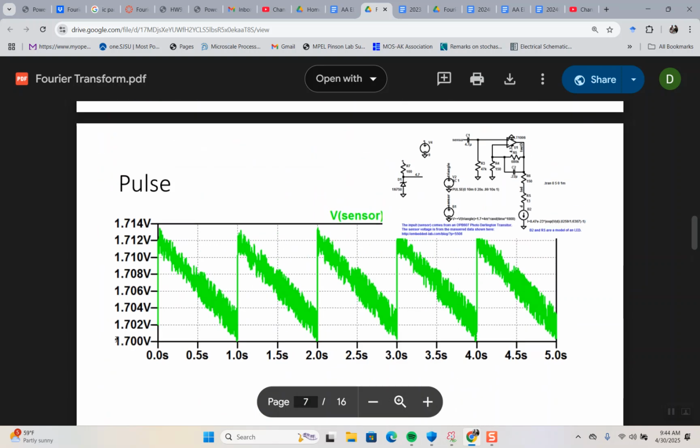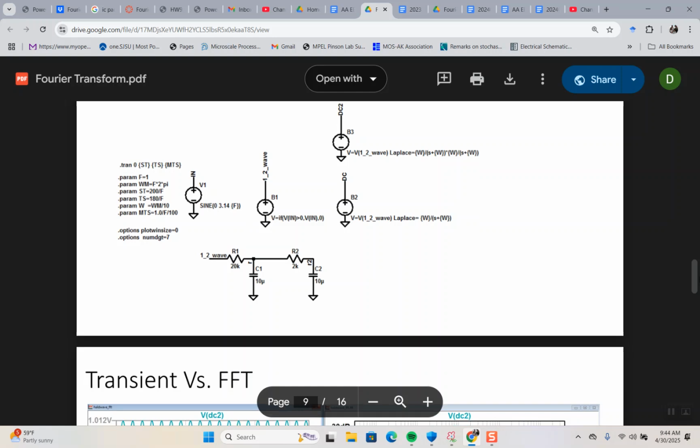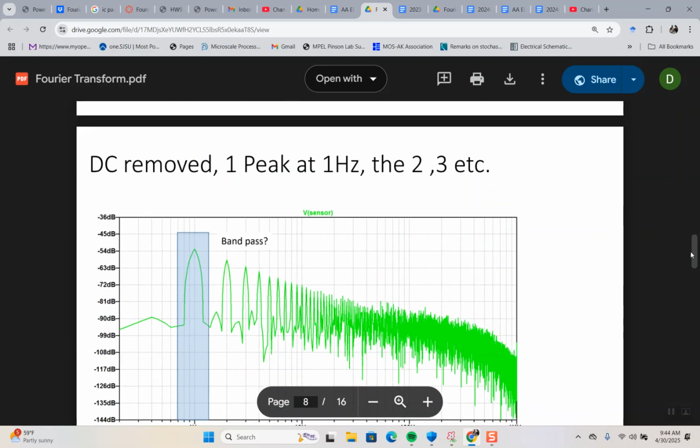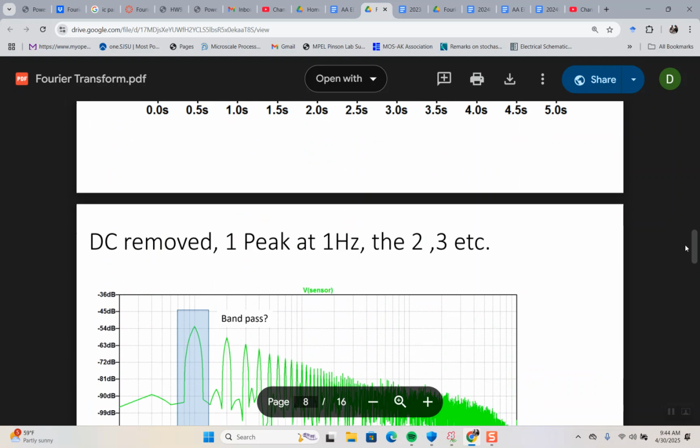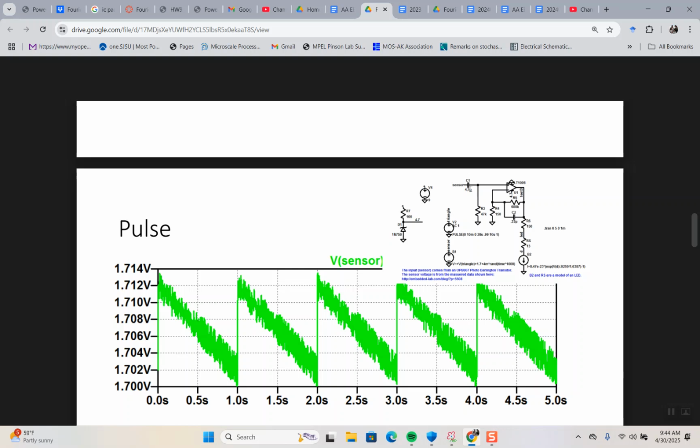Also, this is a 1.7 volt offset. I really need to get rid of that DC, otherwise things won't work. What this circuit does is this capacitor blocks DC, making a high pass filter going here.